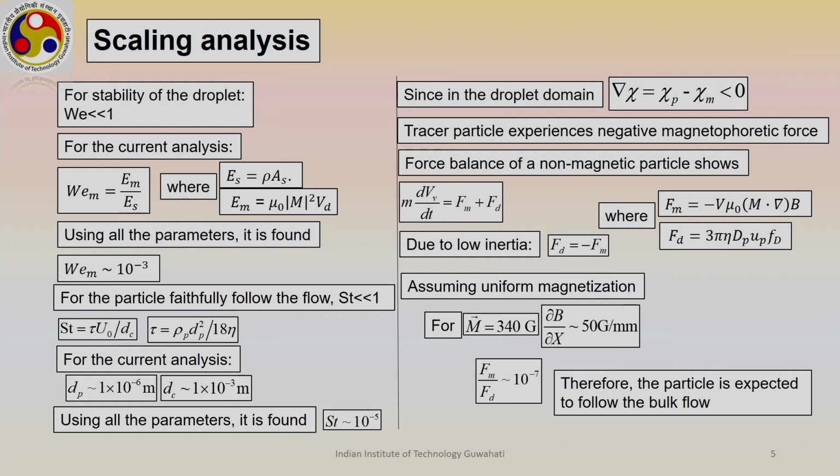And as I said in the last class, for particles to faithfully follow the flow, the Stokes number should be much less than 1. We have ensured that for this analysis the Stokes number is 10 to the power minus 5, which ensures that the fluorescent particles we have used are neutrally buoyant.